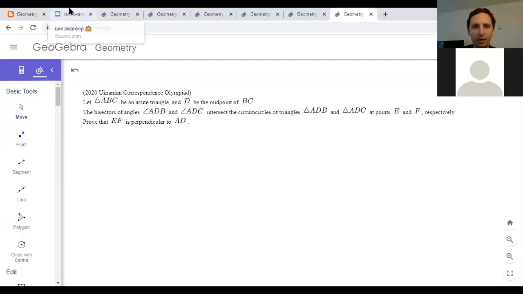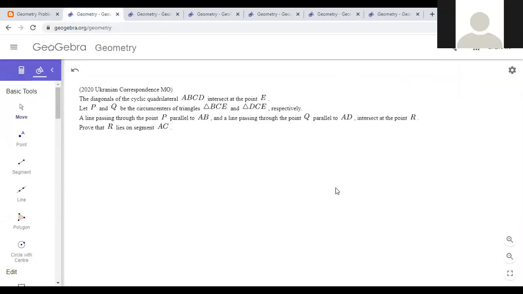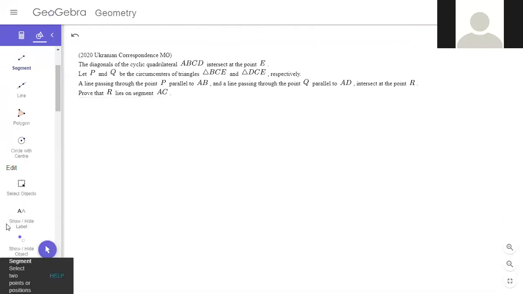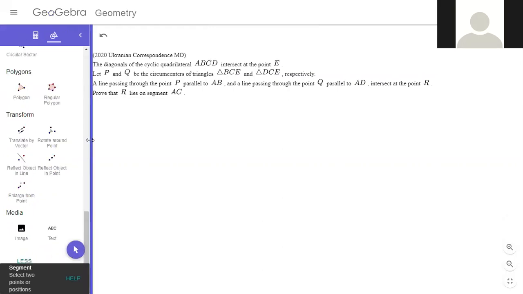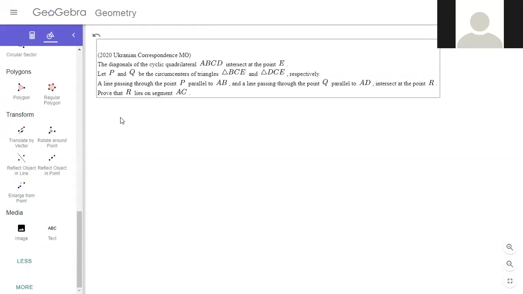Okay, here's the first problem. Let me maximize. The diagonals of the cyclic quadrilateral intersect at point E. I feel like I've had a couple of these cyclic quad problems pretty recently on my channel.